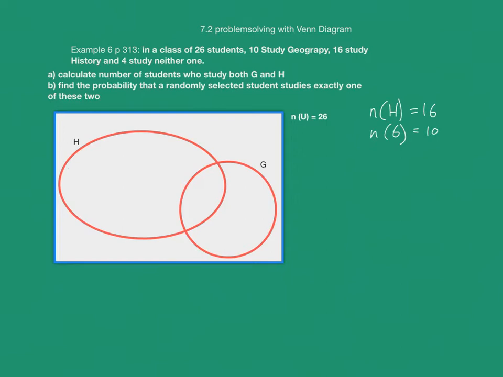So now we want to look at our first question. Calculate the number of students who study both geography and history. So we know that the students who study both subjects would have to be inside this area here, but we don't know the number yet. We're going to find it. So we just mark that as x so far. We don't know what it is.